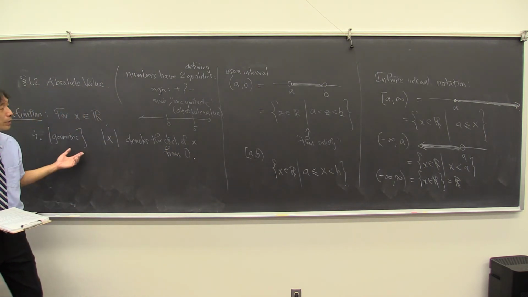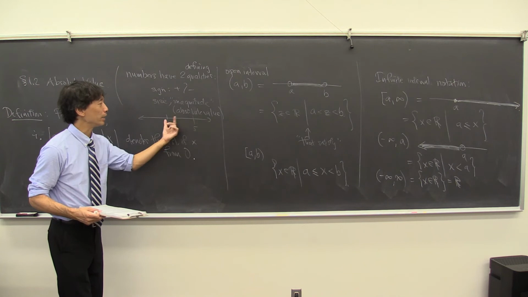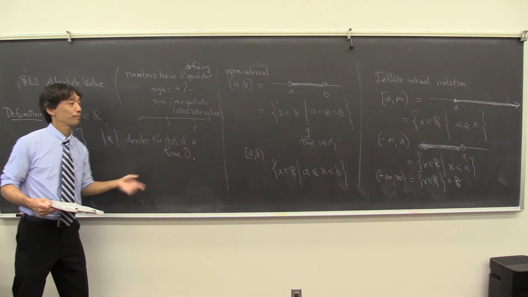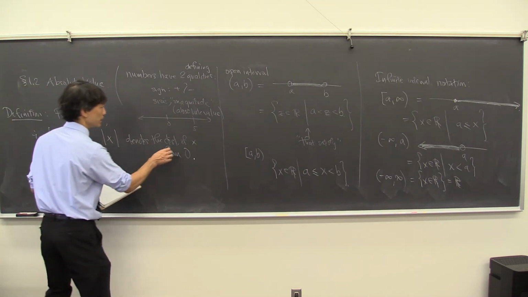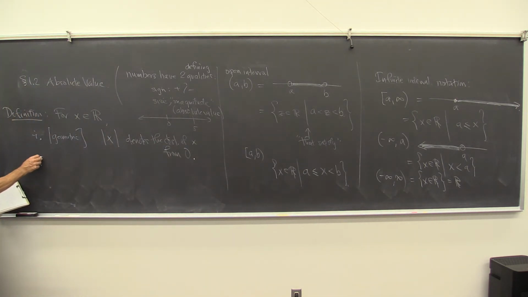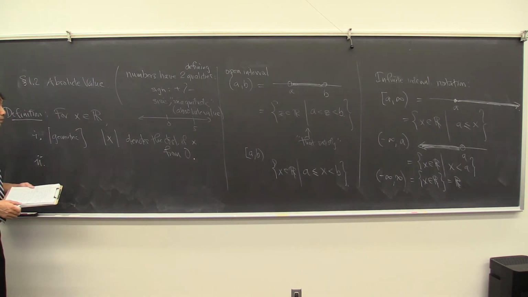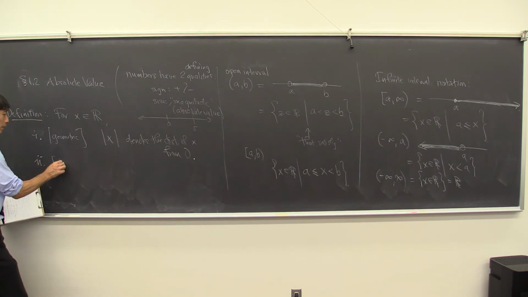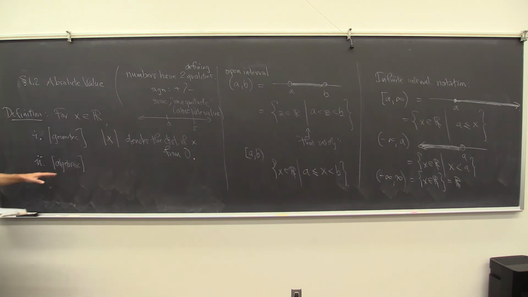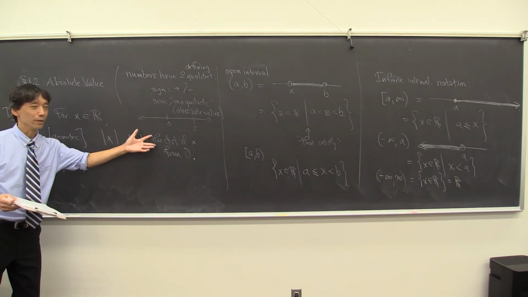Geometrically, you measure the distance of that thing from 0, and that's what you call the absolute value. The distance of x from 0. It's kind of an unsatisfactory definition because it relies on other notions.